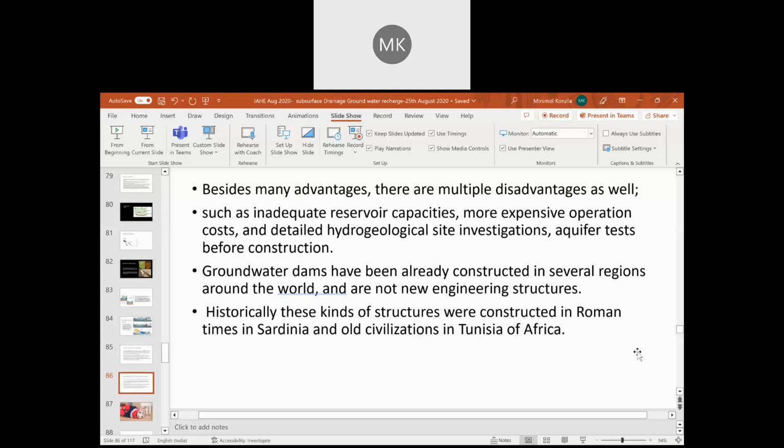This image is indicating a percolation tank. It is shown that a percolation tank is created by placing something like a dam structure, and when continuous rain is not there, the percolation tank will not be full.